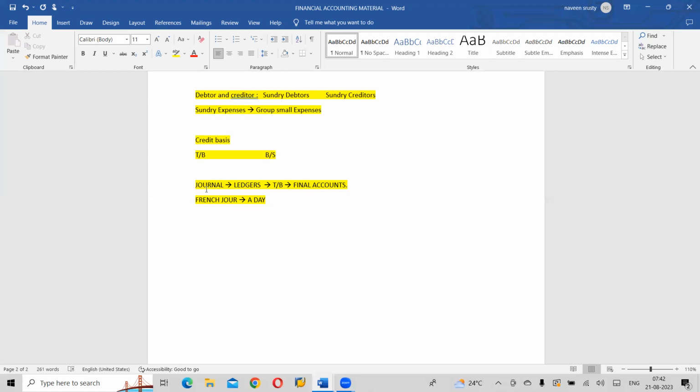That is considered an entry. You are entering the transaction in the book of journal, so that's the reason we call it a journal entry. It means that on that particular day, this particular transaction happened. This journal is derived from the French word jour, which is nothing but a day. Day-to-day transactions are recorded in one particular book, and that book is known as a journal.